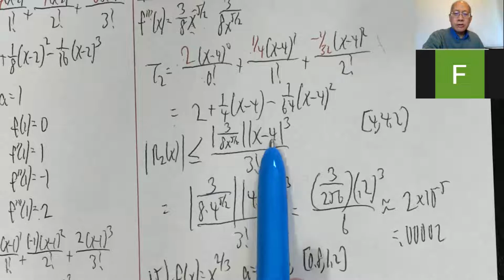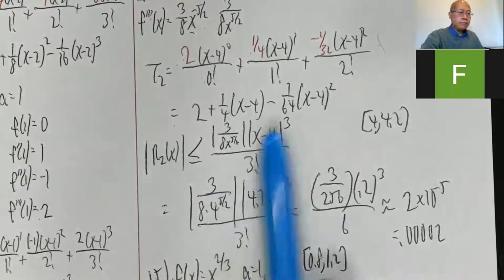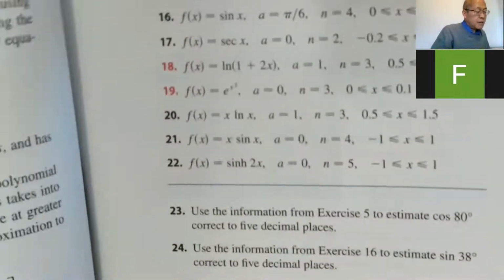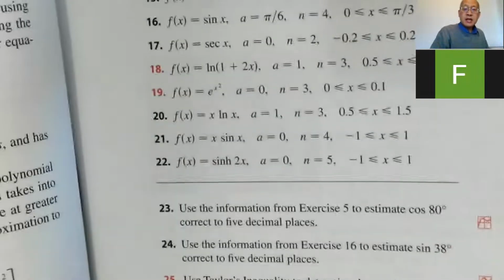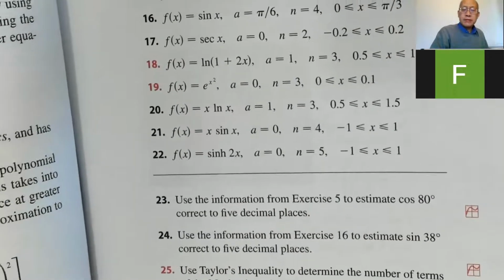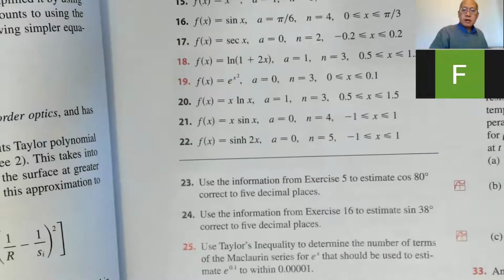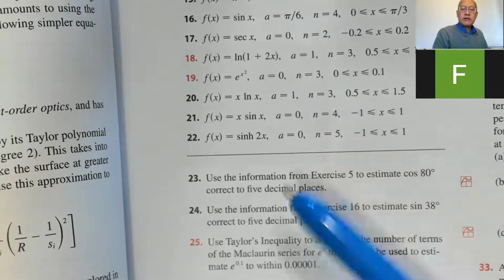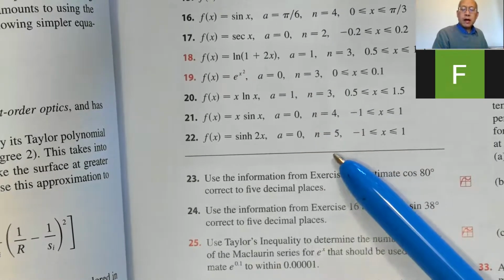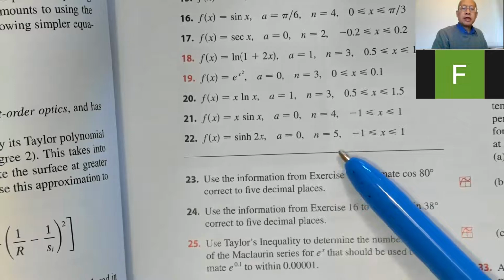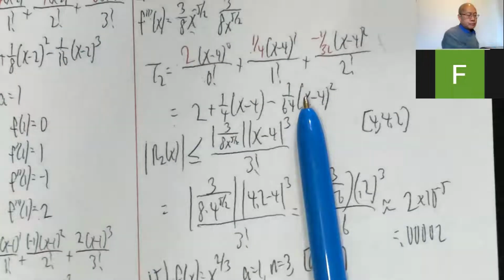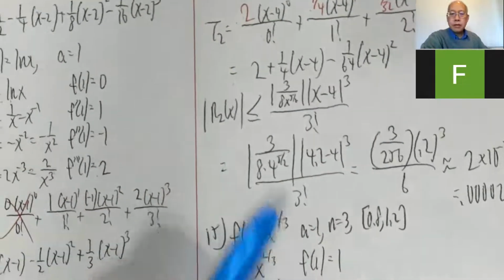Third derivative, exponent, factorial. So for a problem like, I don't know, 19, you say n equals 3. I would have to go to the fourth derivative, exponent, factorial. For 22, I work out up to n equals 5, and then I go to the sixth derivative, exponent, factorial. You go to the next one, so to speak.